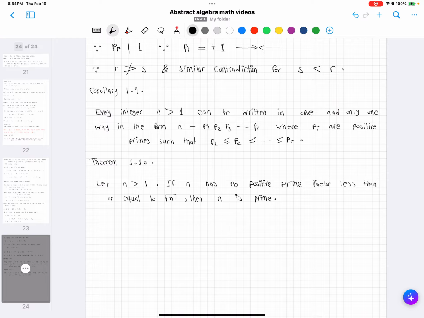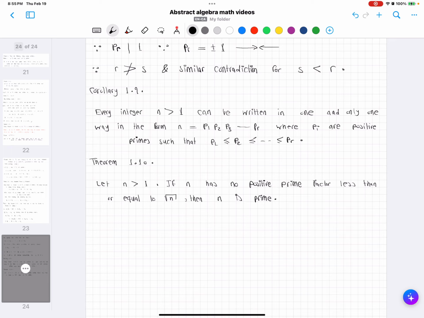So what do we want? Assume that the prime factors are bigger than the square root of n. Then you would find that n is bigger than n, where you get a contradiction.